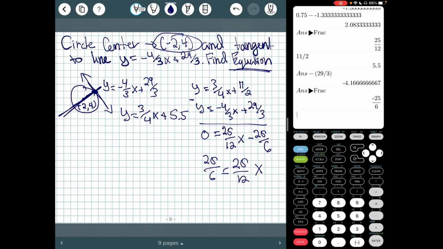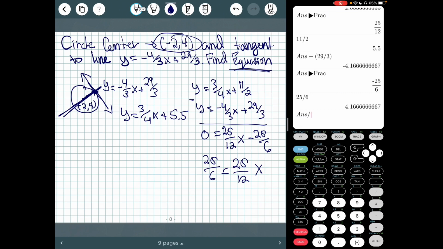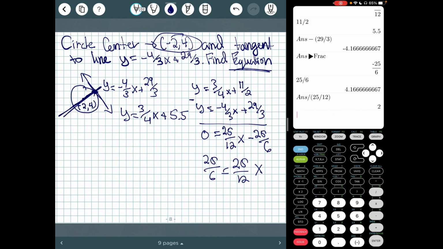Okay, so what we can do from here is actually pretty simple. 25 over 6 is basically just a factor of that. So if we want to see it on a calculator, we do 25 over 6, then divide by 25 over 12, and we should get 2, yep. And so x equals 2.